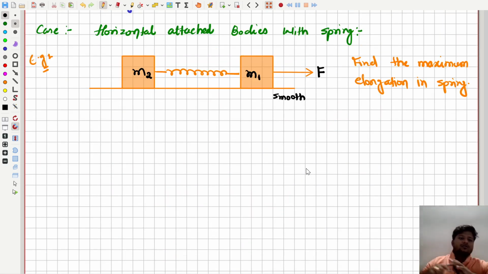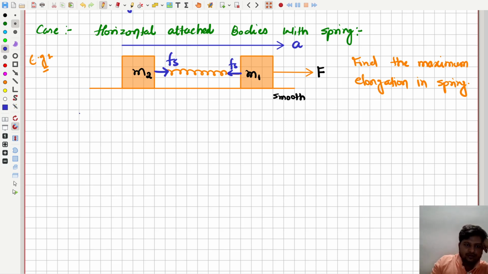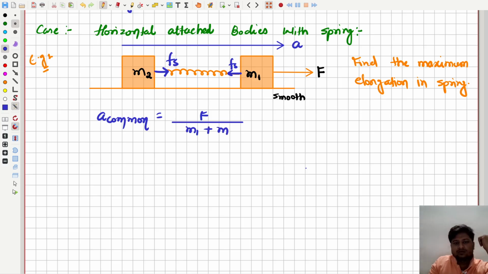So, over here, once again, let's suppose the whole system will be pulled with an acceleration A. This will be my spring force Fs. This will be again my spring force, F of s. Is that clear or not clear? So, first of all, common acceleration A is F by the net mass moving, which is m1 plus m2.